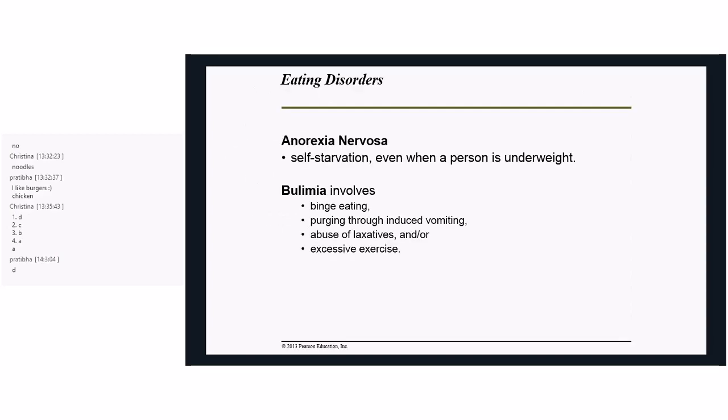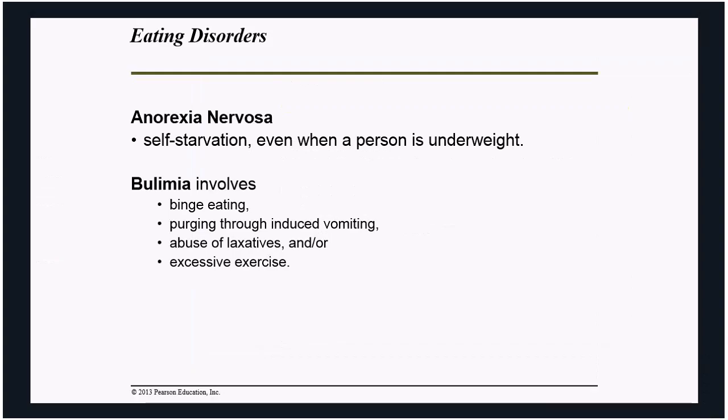Anorexia is self-starvation even when a person's underweight. It's an intense and irrational fear of gaining weight, which causes them to severely undereat. And bulimia is a pattern of binging and purging. They may appear to eat normally, but they also have behaviors like vomiting, overuse of laxatives, or exercising excessively.